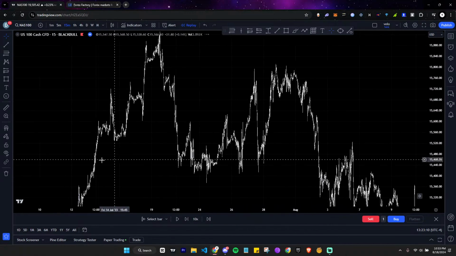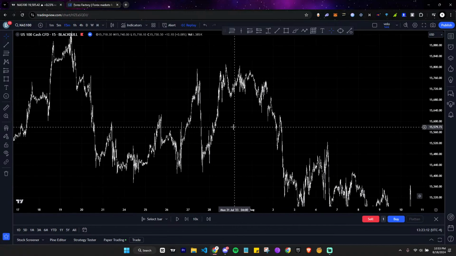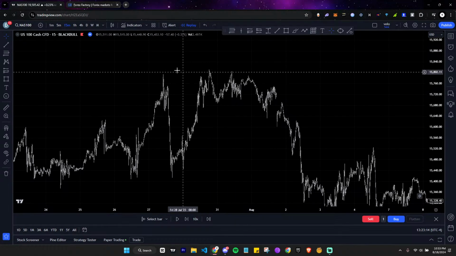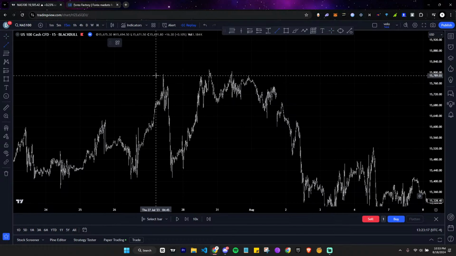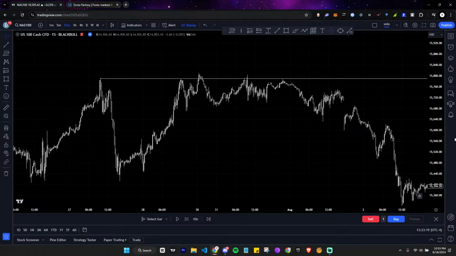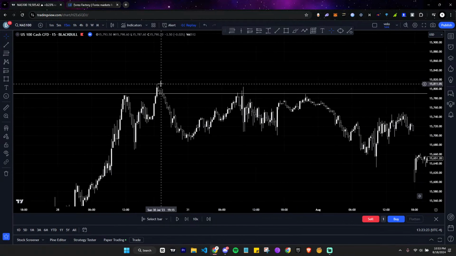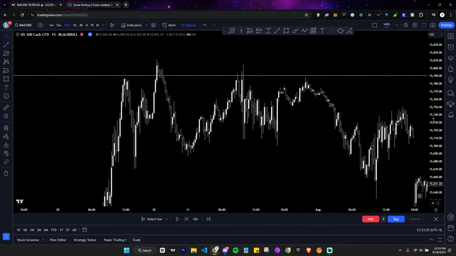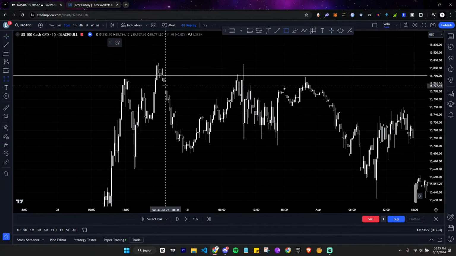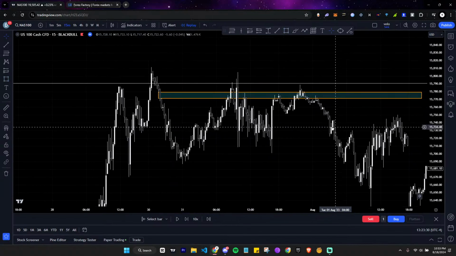So if we go over here, for instance, you can see that this is a bunch of equal highs. So over here, you see that it sweeps liquidity, and then sweeps liquidity again. So it's grabbing a few more stop losses as well. And see there is a fair value gap.